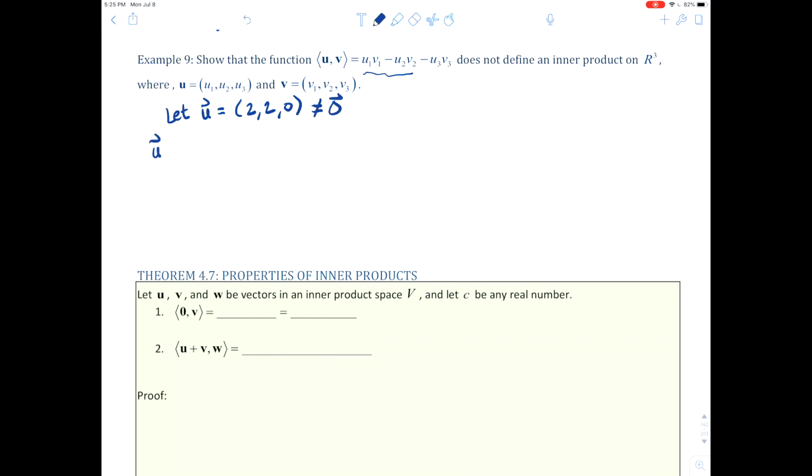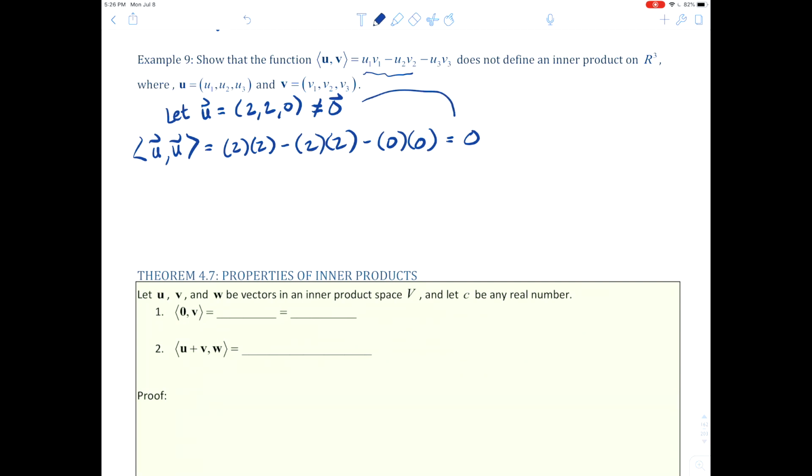So let's check out the inner product of u with itself. That'll end up being what? 2 times 2 minus 2 times 2 minus 0 times 0, which is equal to 0.